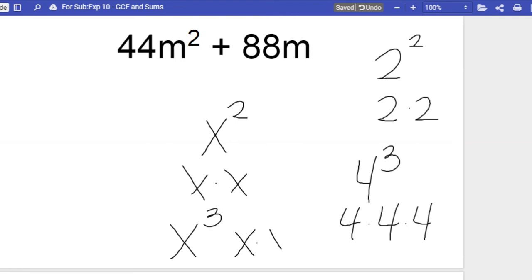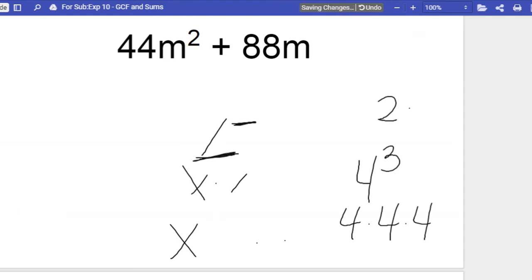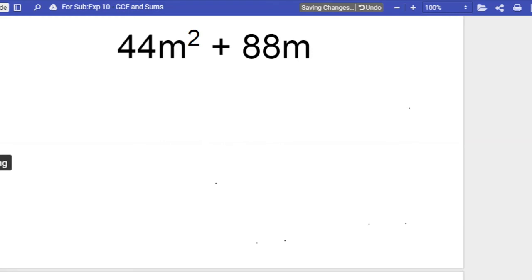Or if it was 4 to the third, we wrote it as 4 times 4 times 4. So variables are no different. If I have x squared, that means x times x. Or if I have x cubed, that's x times x times x. Remember, an exponent tells me how many times my base is used. So my exponent tells me how many times I multiply that base.